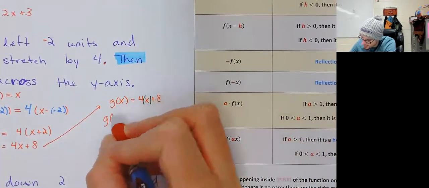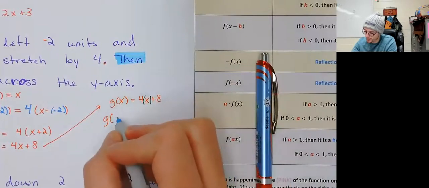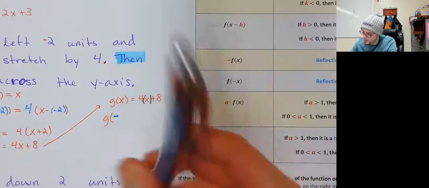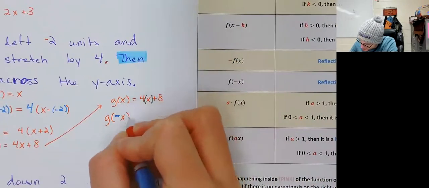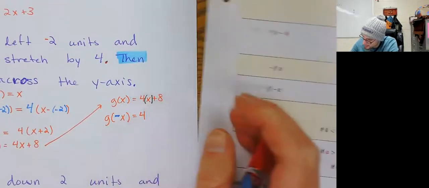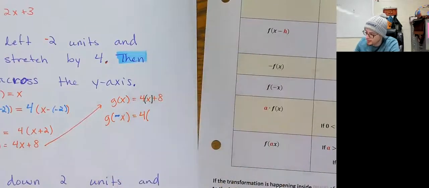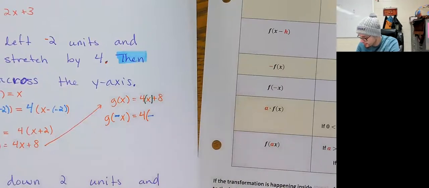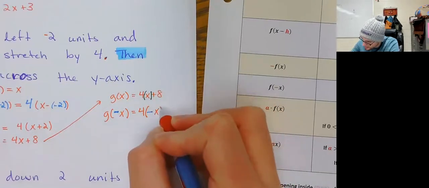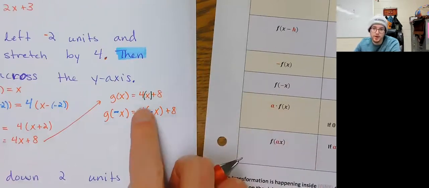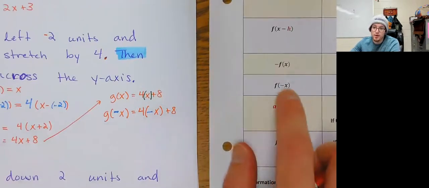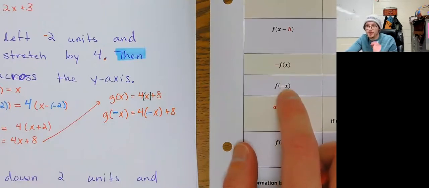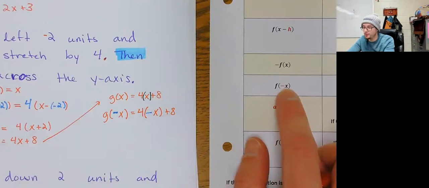So g of negative x is going to equal 4 parentheses negative x plus 8. So we are multiplying just the variable, just the input by a negative. We are multiplying just the input by a negative, which is x.